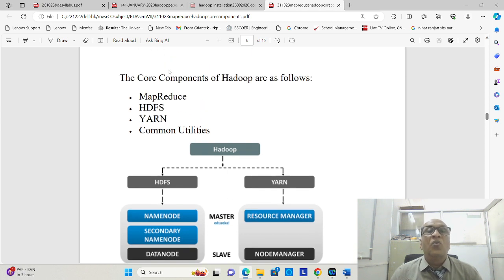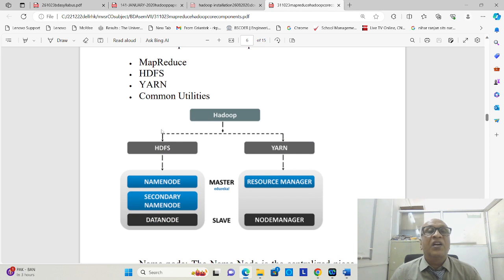Let us look at this once again. What are the core components of Hadoop? HDFS, MapReduce, and Yarn. And in this diagram, MapReduce is not highlighted, so it will be reflected in the next material.